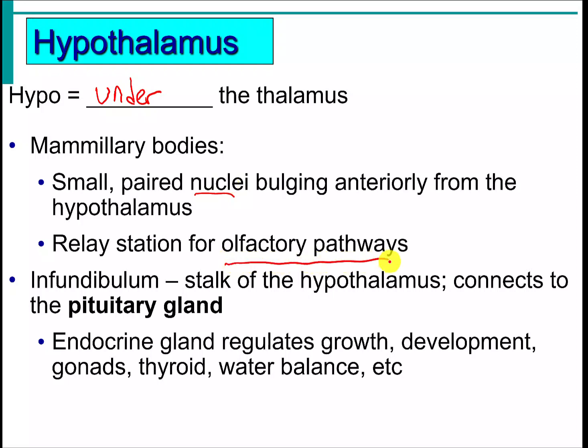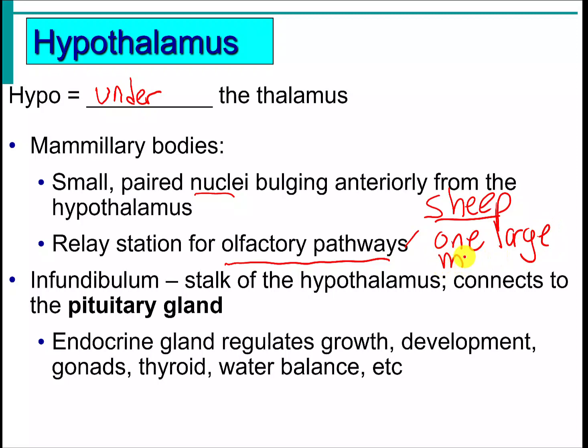Now, in humans, there are 2 small, rounded structures. And they're fairly small compared to the size of the brain. But remember, when you looked in a sheep, if you did the sheep brain dissection, you had 1 large mammillary body.